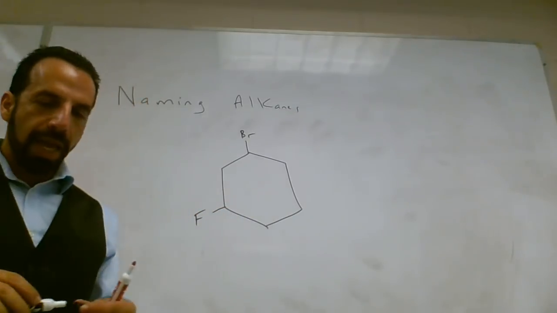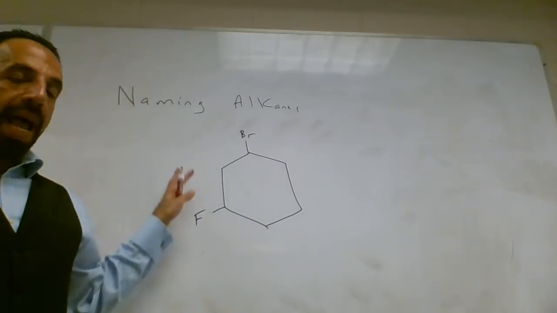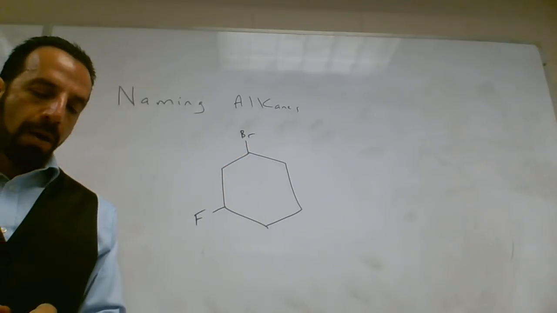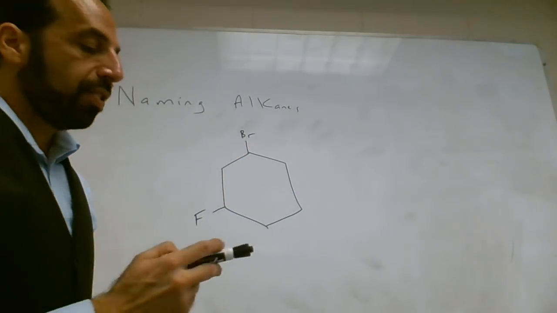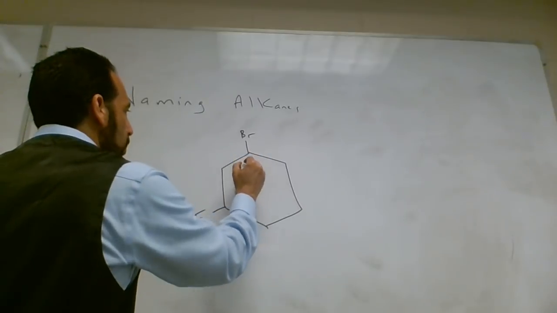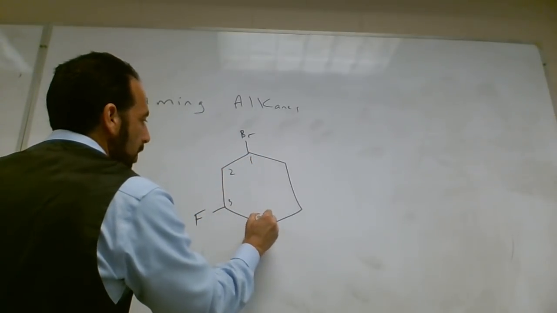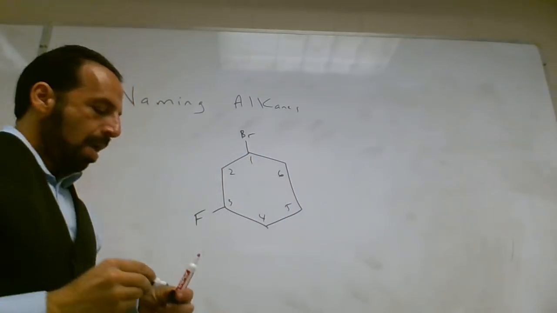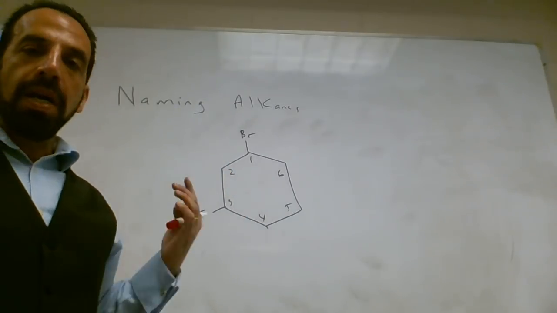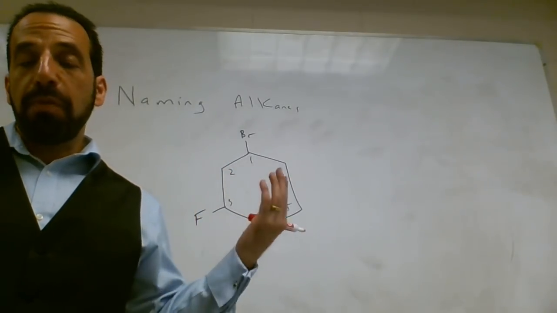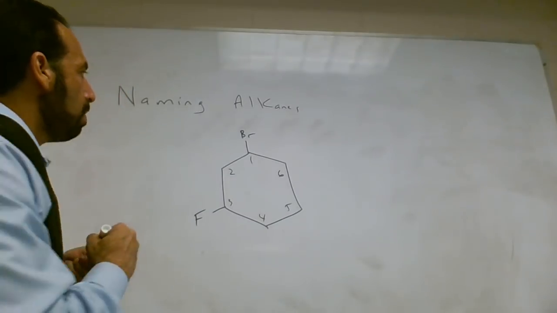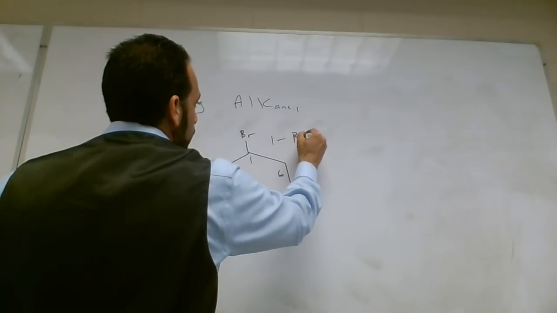Okay, let's take a look at this one right here. Cyclic compound. So that ring now, that's going to be cyclohexane. There's 6 in a row. I'm going to call from here 1, 2, 3, 4, 5, 6. Again, we started with the bromo because alphabetically it's before the fluoro. So to put it all together now, this is 1 bromo.